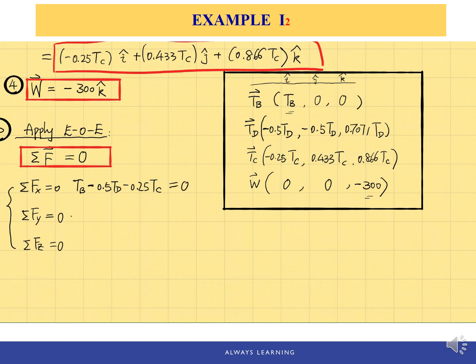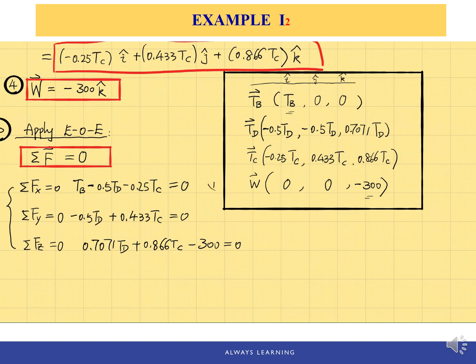And next one, we have negative 0.5 TD plus 0.33 TC equal to 0. And the last column we have 0 and then 0.7071 TD plus 0.866 TC minus 300 equals to 0.